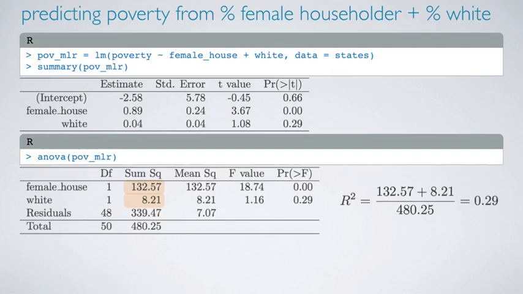We can see that adding another variable to our model now explains 1 more percent of the variability in our response variable. The R squared used to be 0.28 and now it's 0.29.